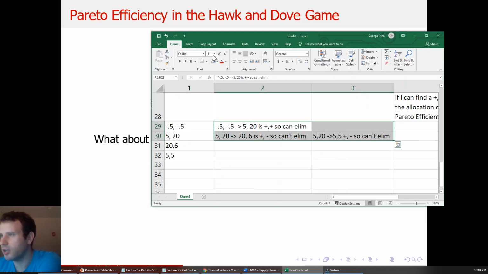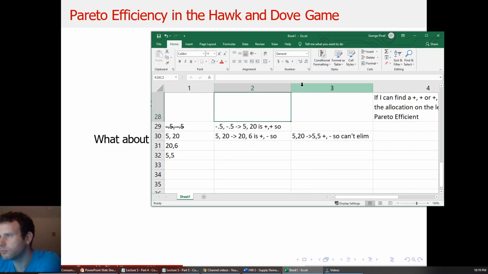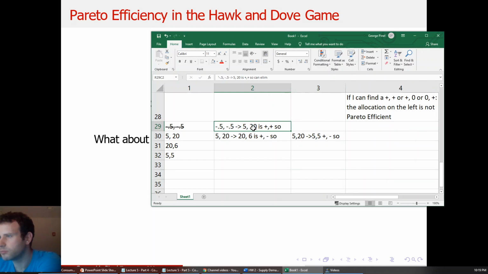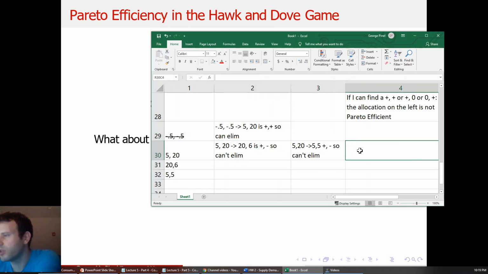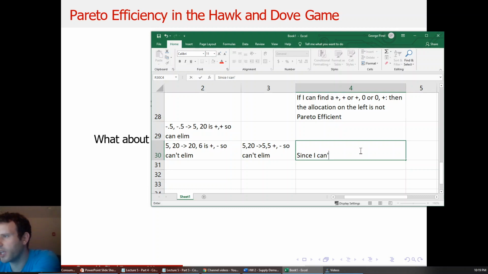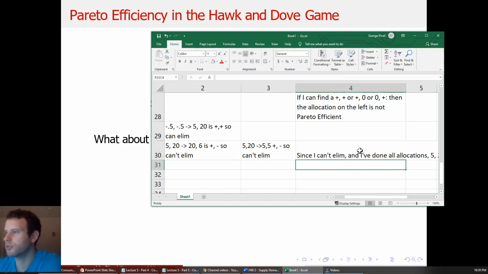So I can say safely, since I can't elim, and I've done all allocations, 520 is Pareto efficient.